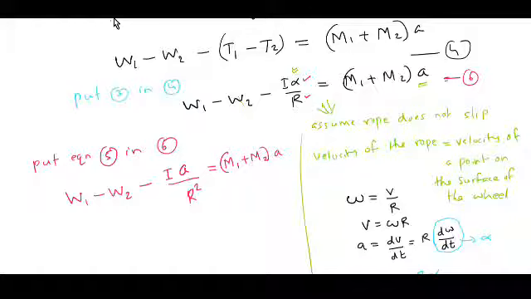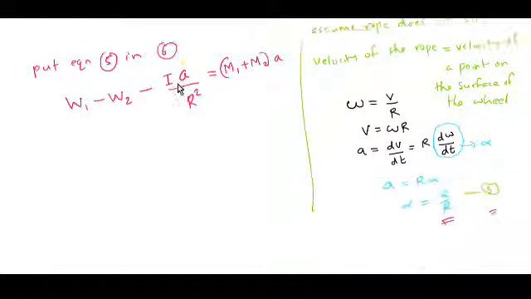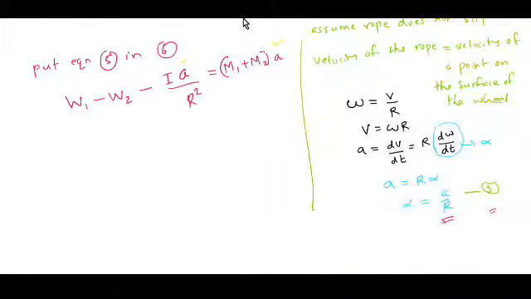Now we have alpha common, acceleration common here and here. Bring that A, that is our aim to calculate this A, that is the acceleration of the masses m1 and m2. That is, we have to rearrange the term. W1 minus W2 is equal to, I bring this term to the right side and take A outside.